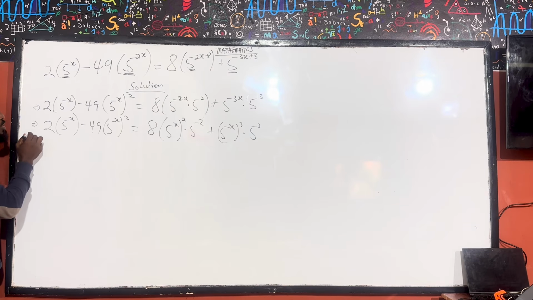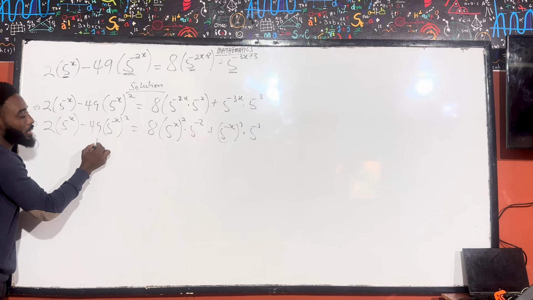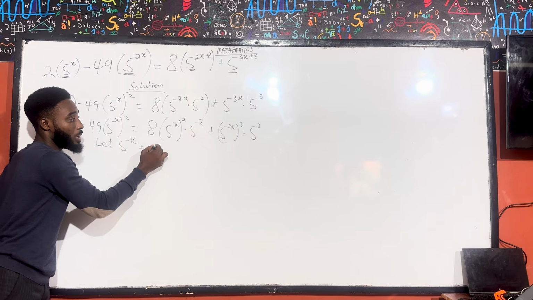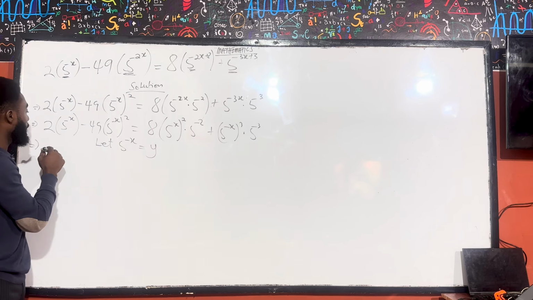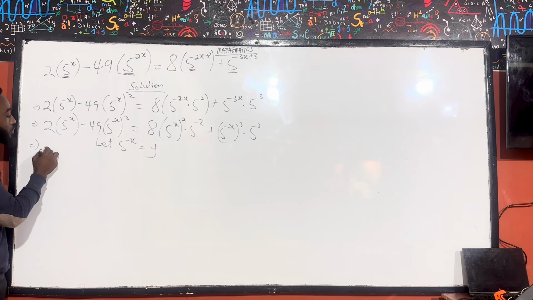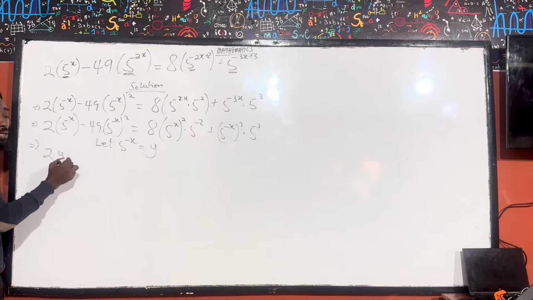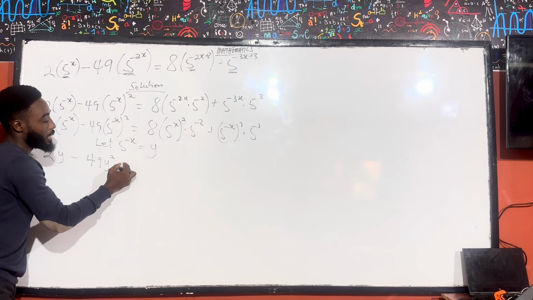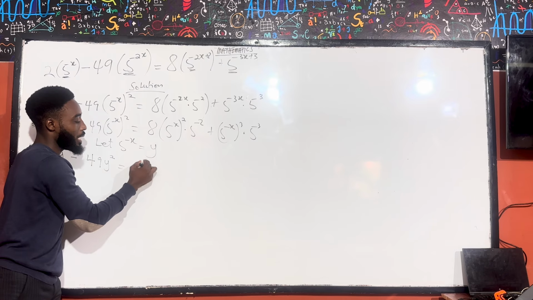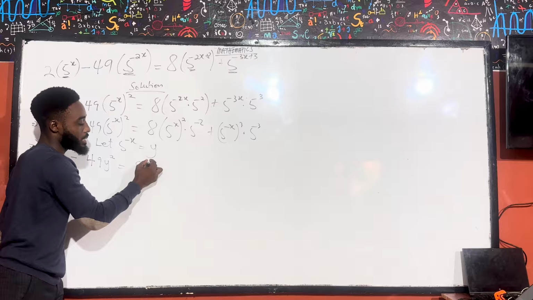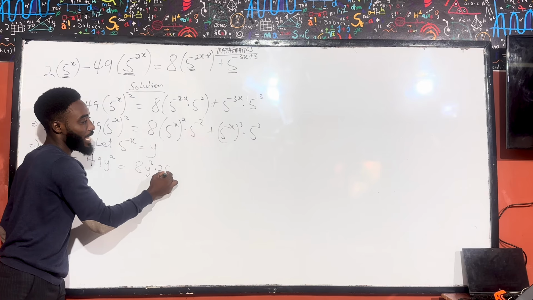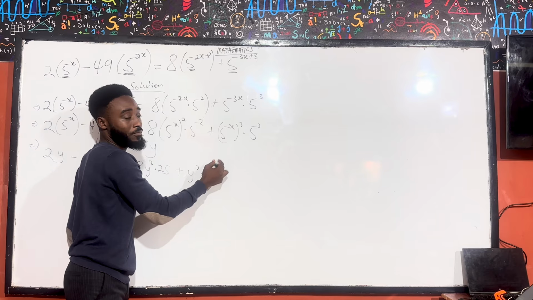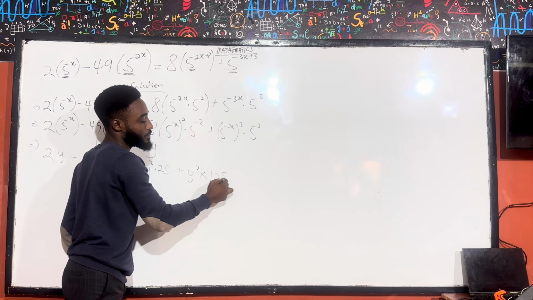So I want to get to this setup. I can now say, okay, let 5 to the power x be equal to y. And I'm going to have 2y minus 49y squared equal to 8y squared times 25 plus y cubed times 5 cubed. 5 cubed is 125.